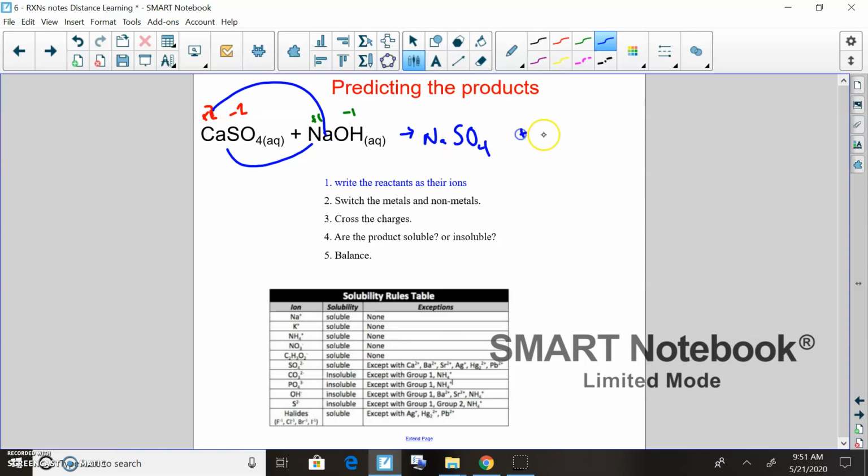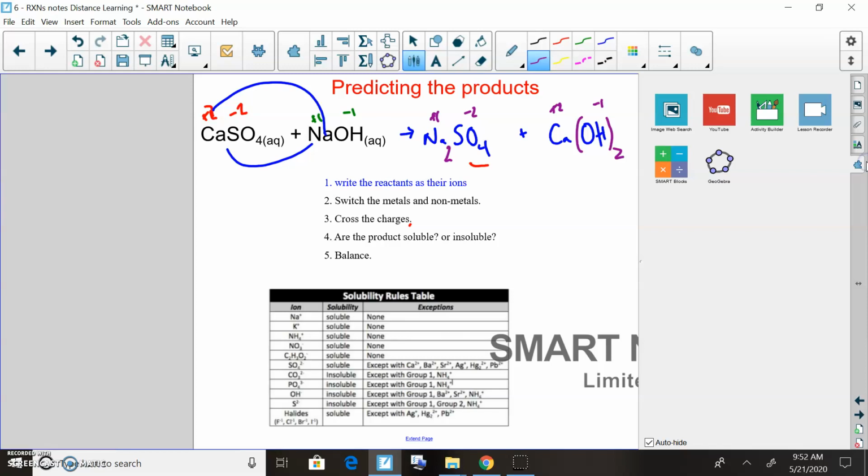NaSO4 plus CaOH. Now I told you don't bring any subscripts, but the rule is unless it's a polyatomic. Now I've got to cross the charges. Na is +1, this is -2, so I need 2 Na. This is +2, that's -1, so I need 2 OH.